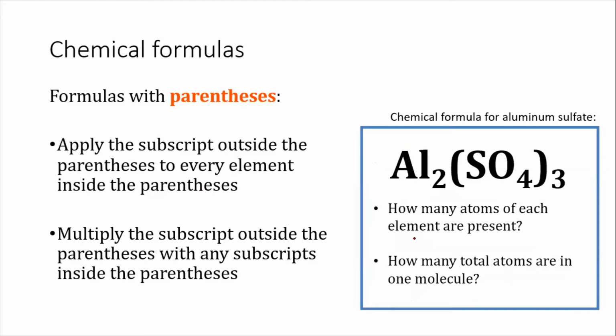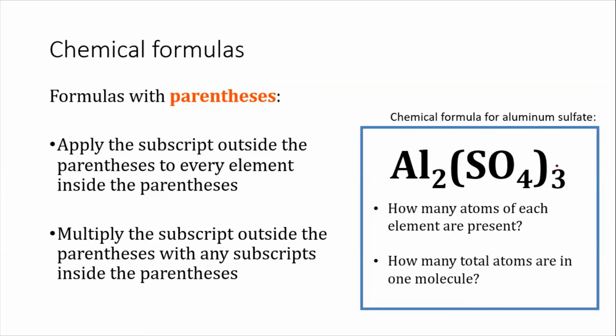Some chemical formulas are going to have parentheses in them. This is the chemical formula for aluminum sulfate, and we'll learn how to name these in chapters 4 and 5. For now, we just want you to be able to calculate the number of atoms per molecule, as well as, if we had 3 molecules of something, how many total atoms we'd have. When you have parentheses, you apply the subscript outside the parentheses to every element that's inside the parentheses.